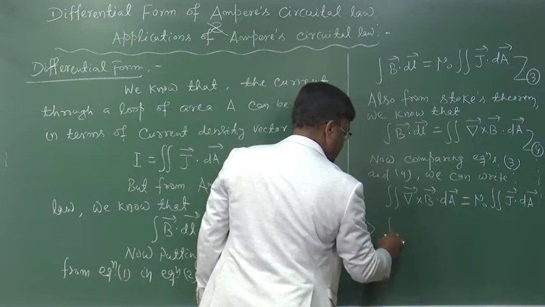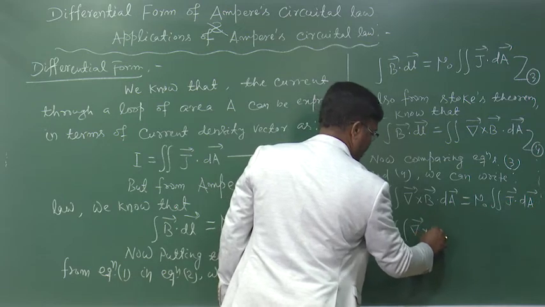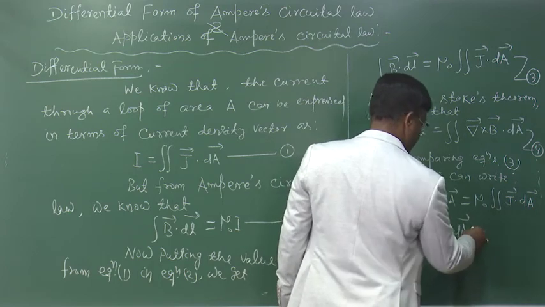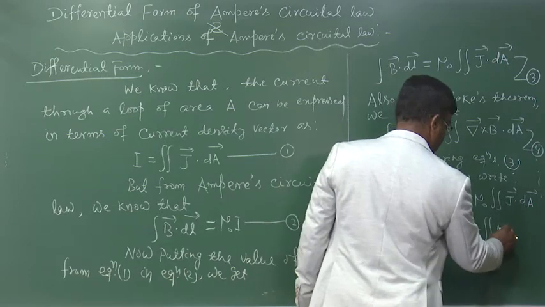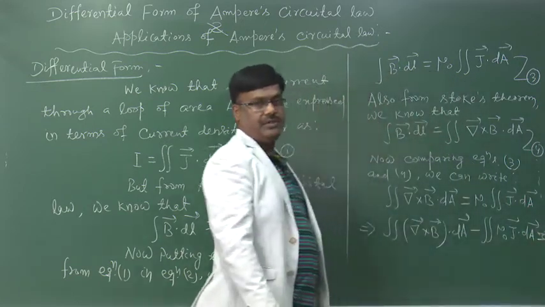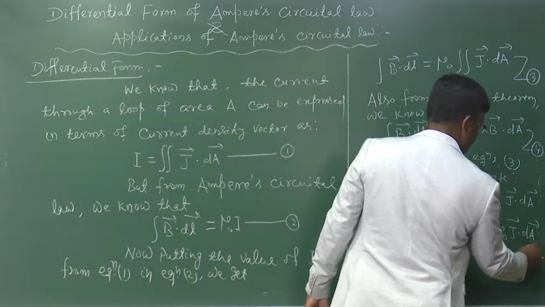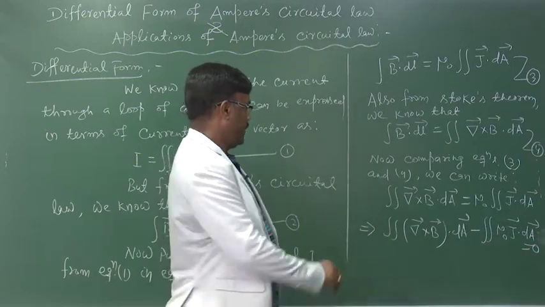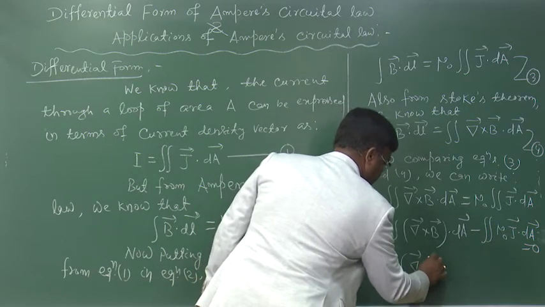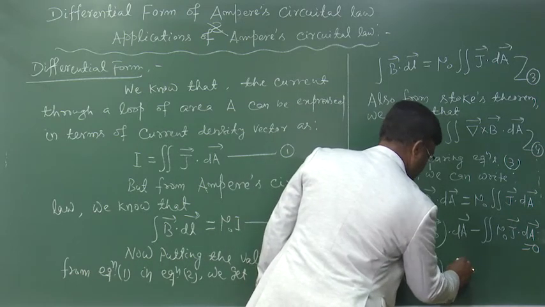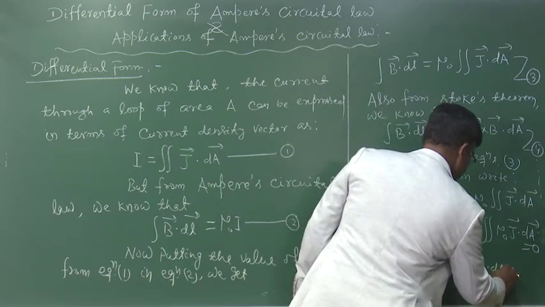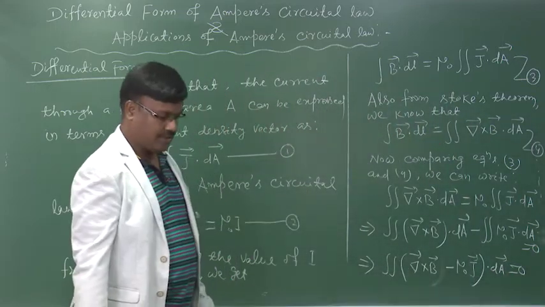It can be written as the surface integration of grad cross B dot dA minus the surface integration of mu 0 J dot dA equal to 0, which implies the surface integration of (grad cross B minus mu 0 J) dot dA equal to 0.